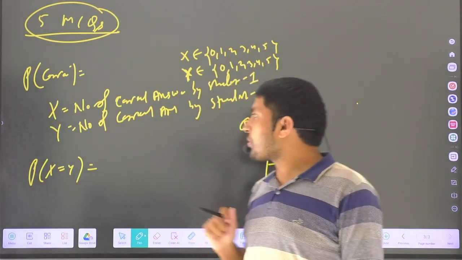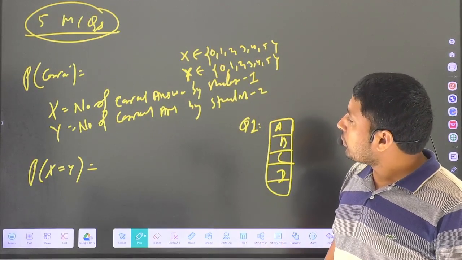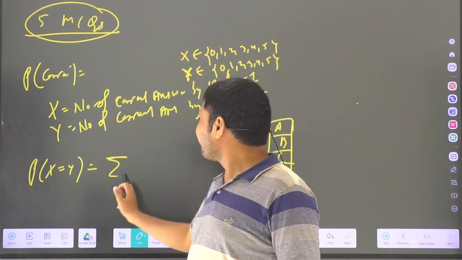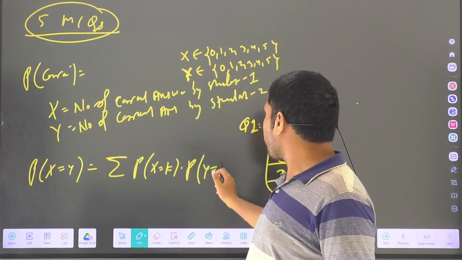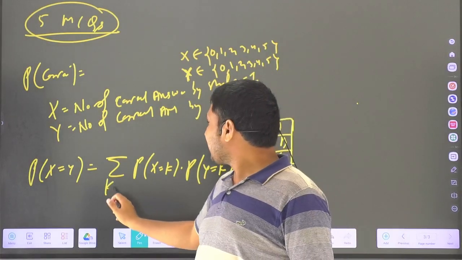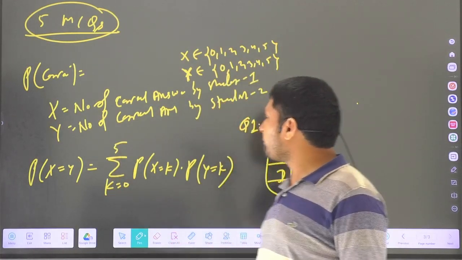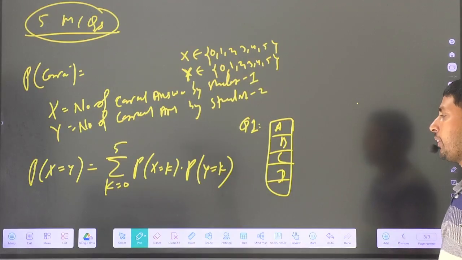So this is actually the summation of probability x is equal to k into probability y is equal to k, from 0 to 5. This we have to find.